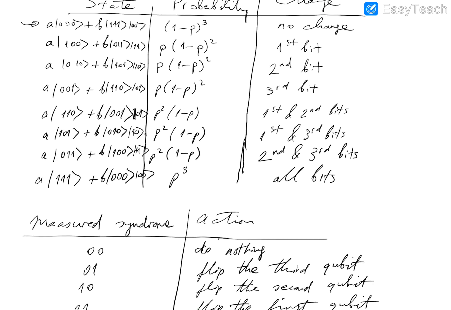If he measures the error syndromes as 1, 0, then he must have either received this state or that state. In fact, they are the complements of each other, right? So we have a|010>, and here we have a|101>. Here we have b|101>. And on the downside, we have b|010>.